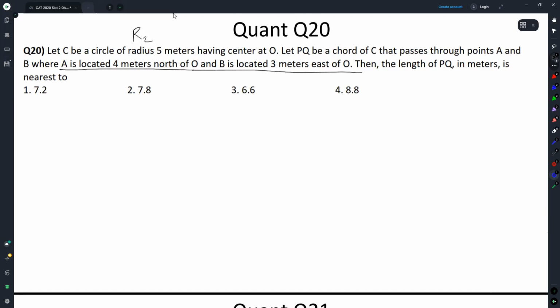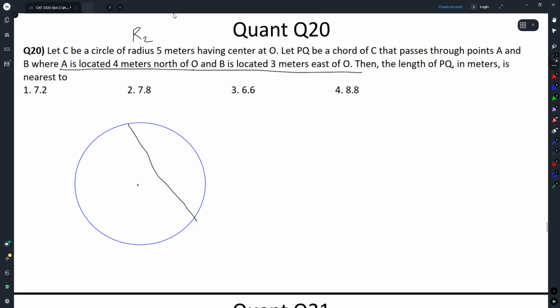Let me try. Okay. Radius is 5. PQ be a chord. Can't take this as chord. Okay.